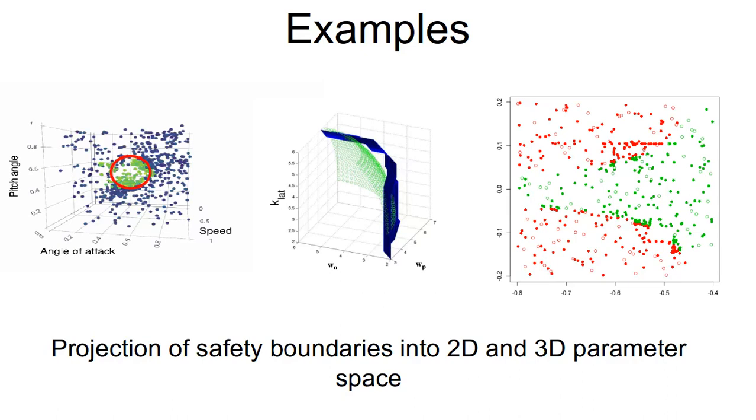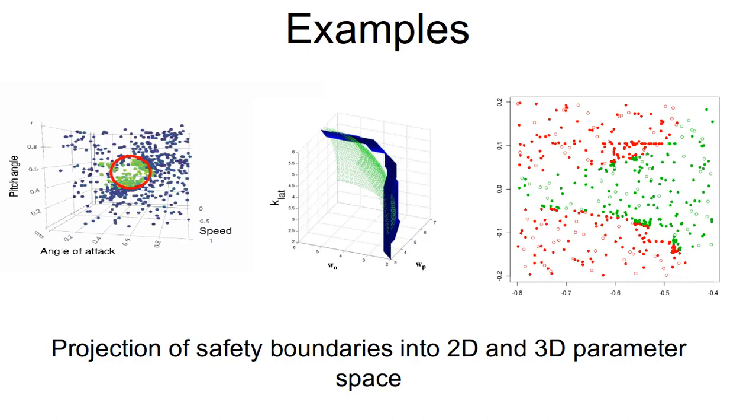The shape, which is estimated by our framework, is this circle shown here. It's actually a cylinder. In the middle is another case study we did on an adaptive flight control system.